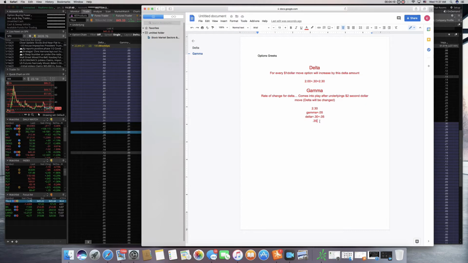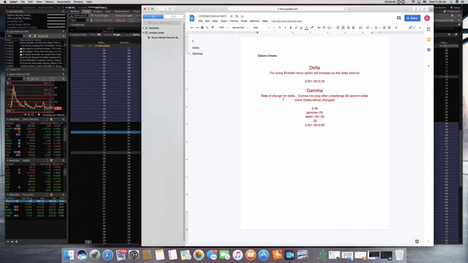So after that second dollar move, your $2.30 is going to be plus 0.35, which is going to equal $2.65. That'll be your new option premium after that gamma comes into effect, right?